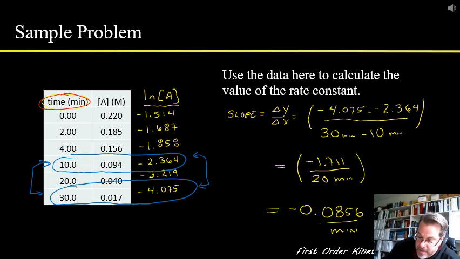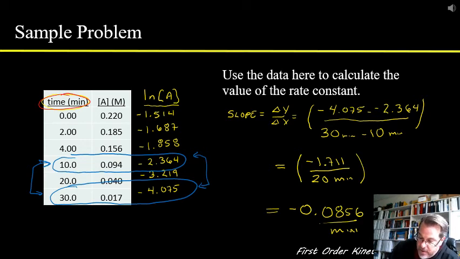That gave me negative 1.711 divided by 20 minutes. When I divided that through, I got negative 0.0856 per minute. Okay?